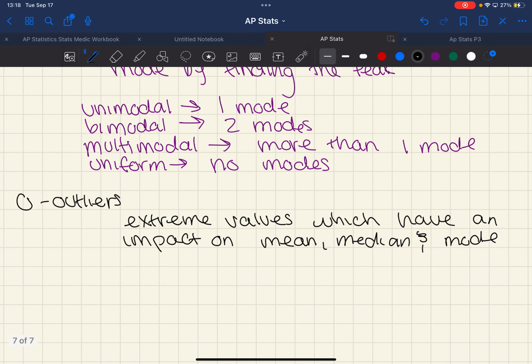There are several ways to identify outliers. If we were looking at a graph, the outliers would be visible by a data point that is extremely far away. So data point, extreme distance.